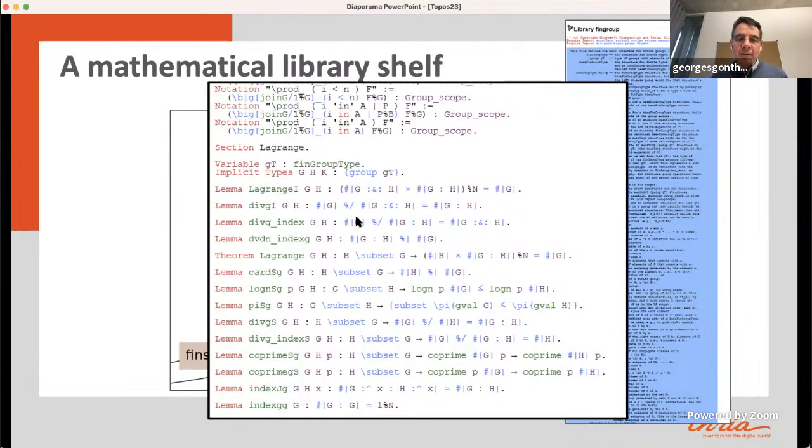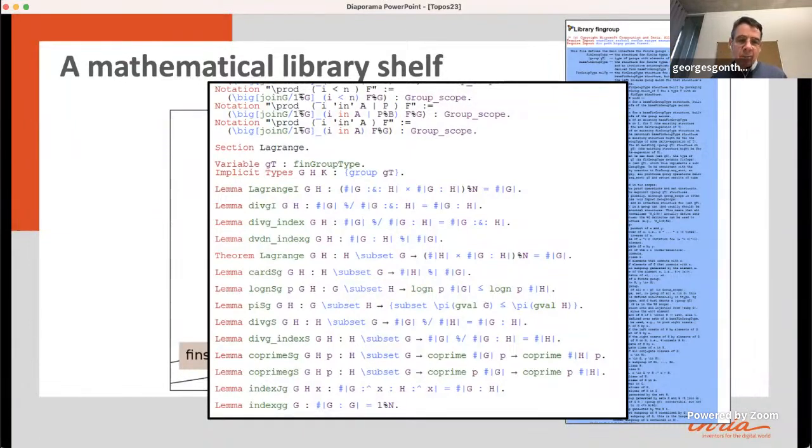One of the differences between this and a more standard textbook is that you actually need to teach the computer the lemmas in the way that they are actually used. And so given what would normally be presented as a single result, like the Lagrange theorem, you might get a bunch of corollaries, because each one of these turns out to be useful in practice.